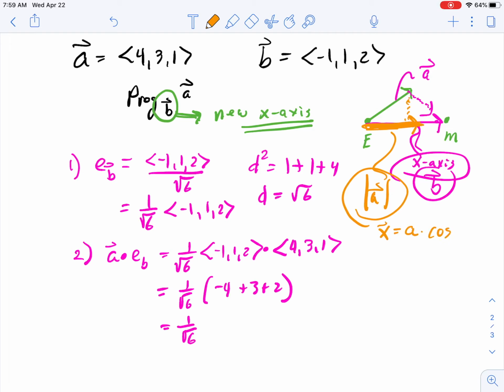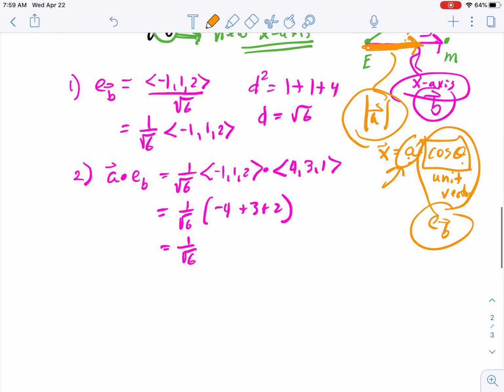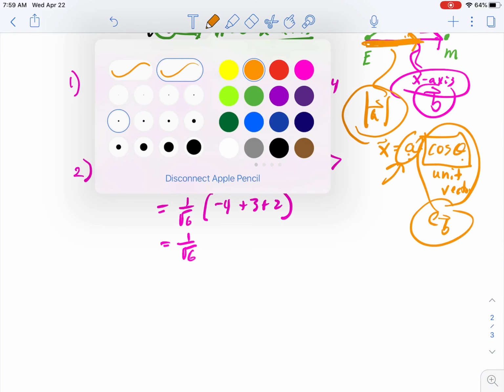Remember, to find an x component we had A cosine of theta. Well, this is our unit vector of B. So here's my magnitude. Multiply your magnitude by your unit vector, and you have it. So it's the same thing as A cosine theta, your last step.